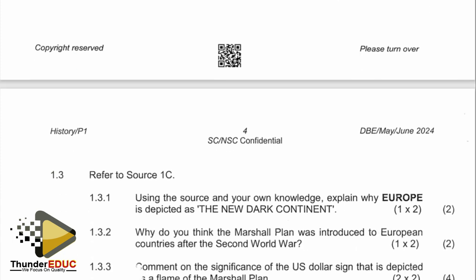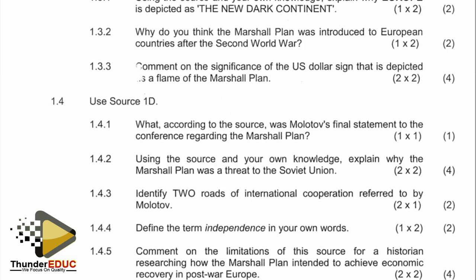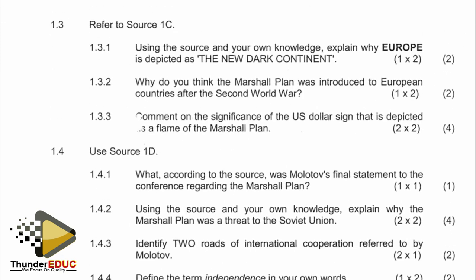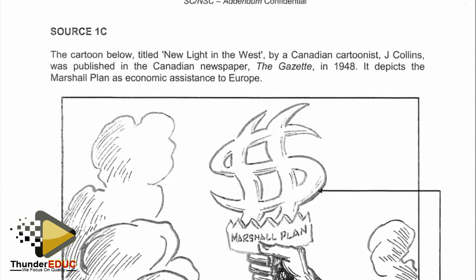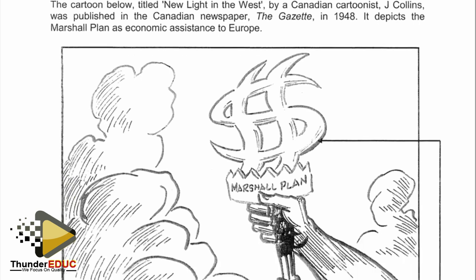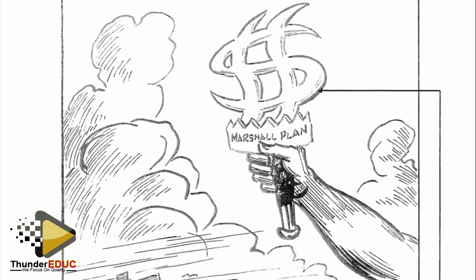Source 1C is a cartoon titled New Light in the West by a Canadian cartoonist, J. Collins. It was published in the Canadian newspaper The Gazette in 1948. It depicts the Marshall Plan as economic assistance to Europe.